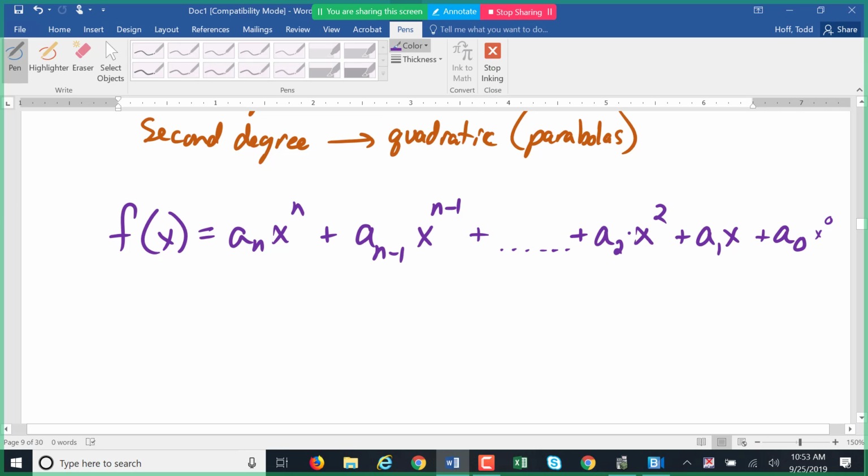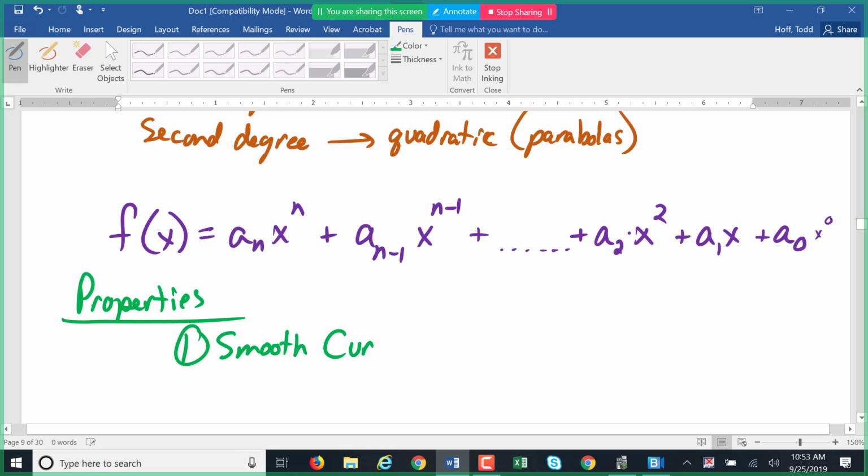And there are a lot of properties of these polynomial functions. One property is they always form a smooth curve. They're not going to have any sharp corners or anything like that when we graph them.